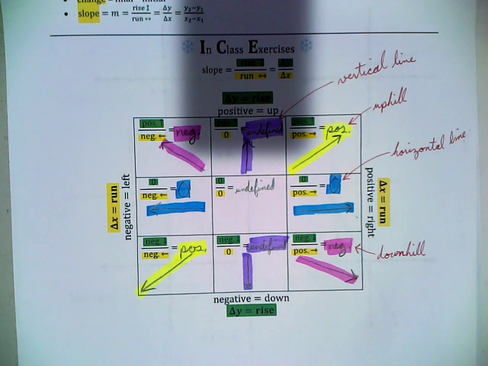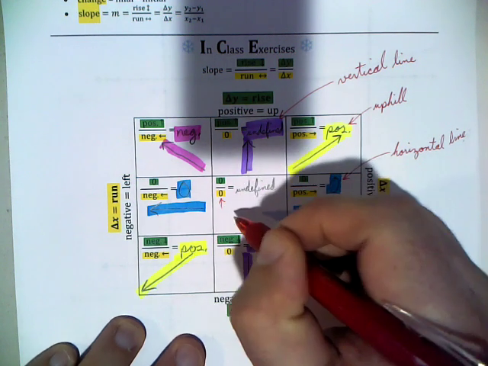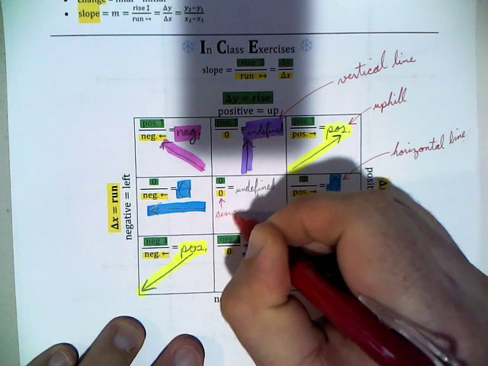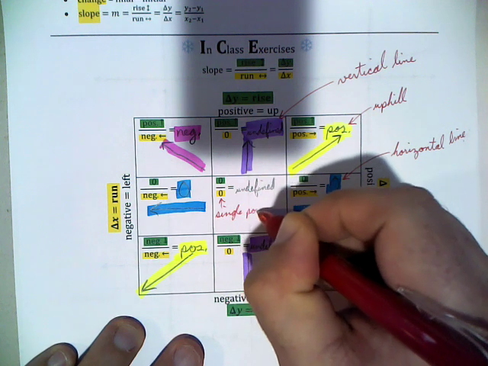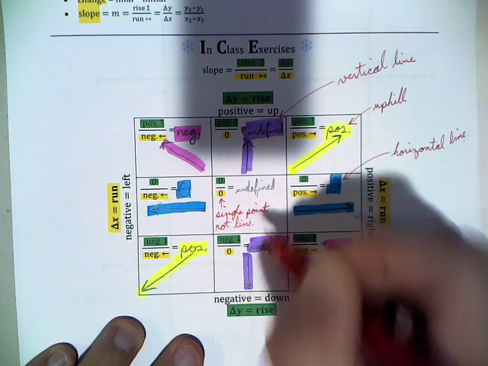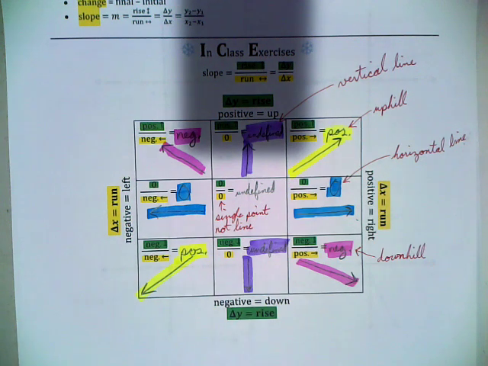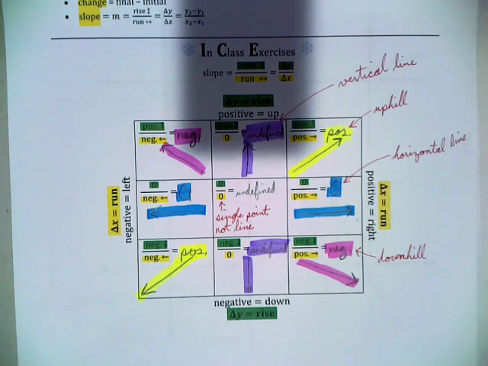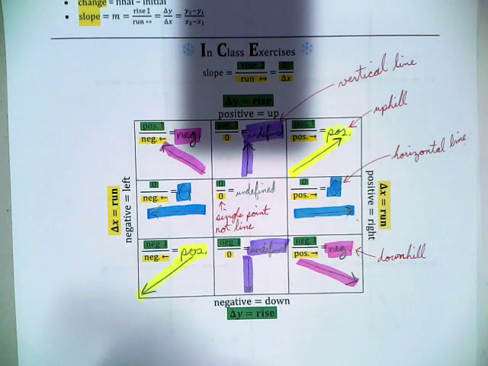So in a situation like this, if you have 0 over 0, this is just a single point. This is not a line. And if it's not a line, then undefined in this case really isn't describing a slope. So in order for the undefined to actually tell us that we have something vertical, the numerator has to be something other than 0. We have to have some sort of movement. Otherwise, we just have a single point. So undefined usually means vertical lines as long as they're not the same point.